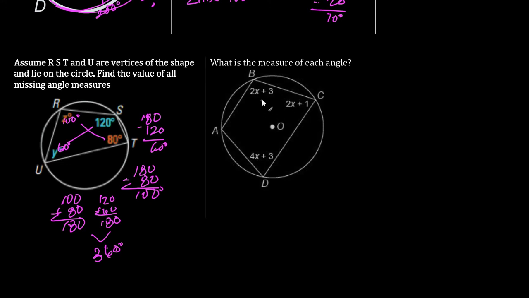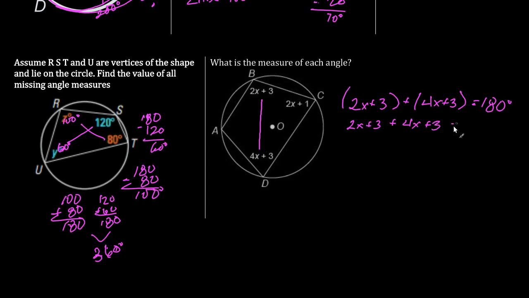Let's say you have something like this, though. Well, we know that opposite inscribed angles of a quadrilateral are supplementary. So we know that if we take them, their sum is 180 degrees. Now, the parentheses don't matter in this case because we're not multiplying anything there.